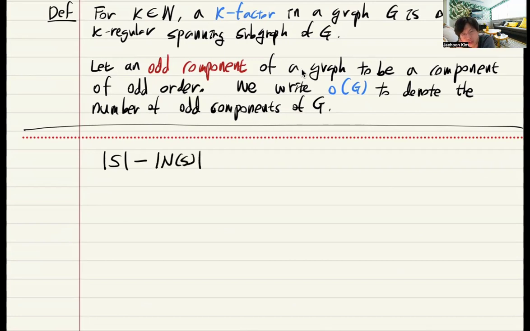And this is the quantity that has to be missed by the maximum matching. If this is positive for a certain set S, which is a subset of X, then some vertex has to be missed.